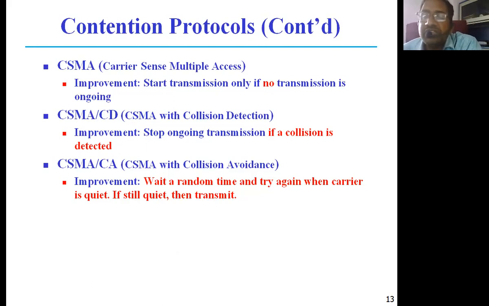Bursty means there is a signal on the shared channel. Quiet means there is no signal on the shared resource. If it is still quiet, then the mobile station is going to transmit its data. That means before the mobile station transmits, it thinks about whether it needs to transmit or not.